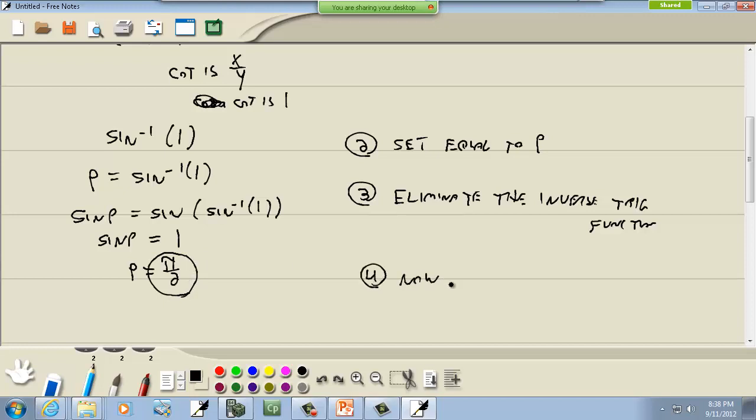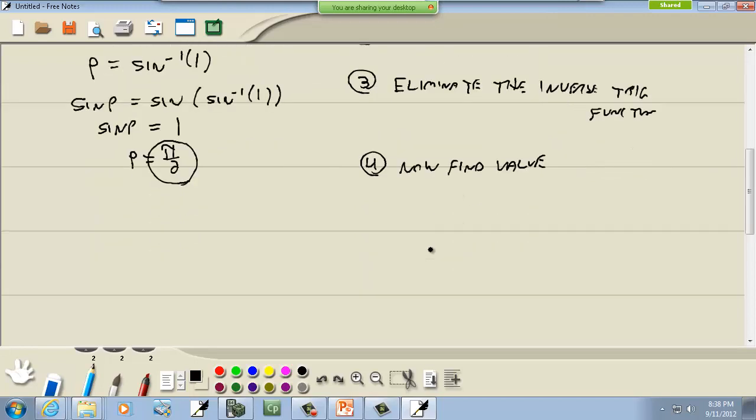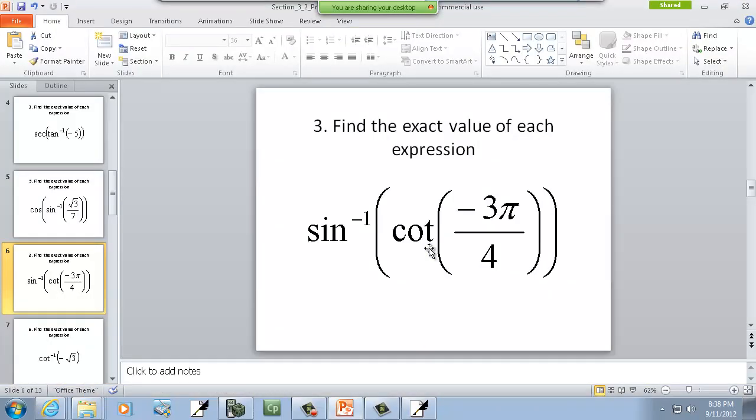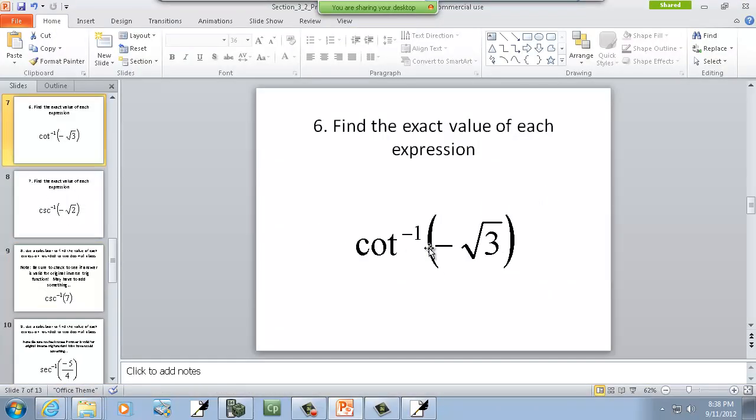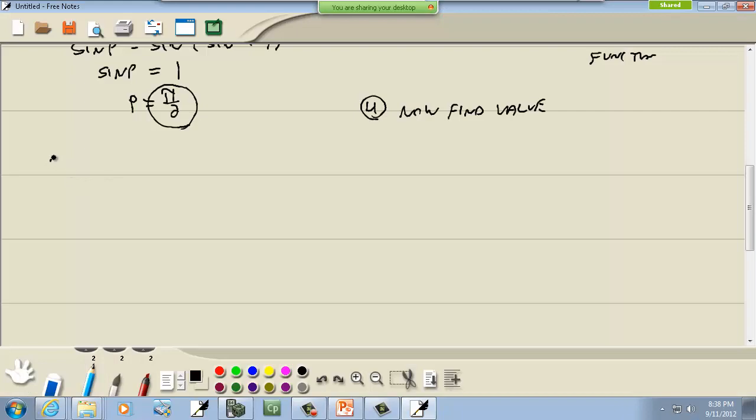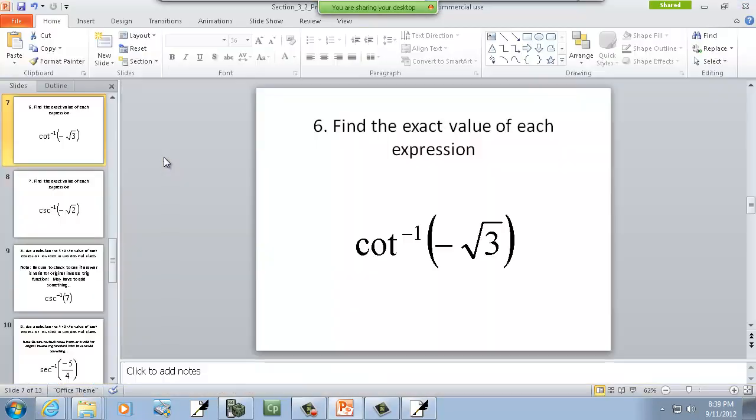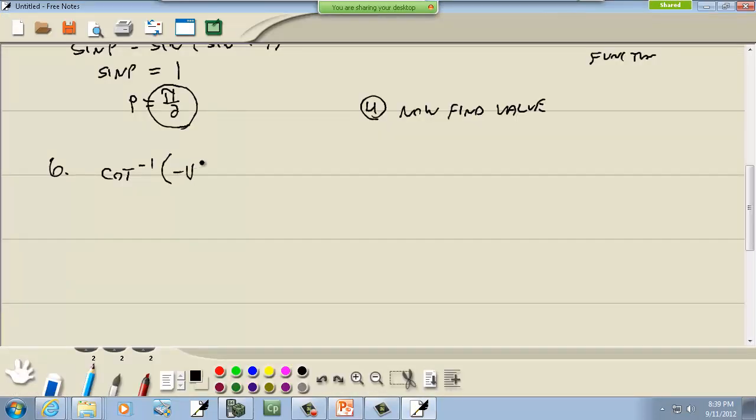Let's say now find a value. Okay. Let's look at our next problem. We've got inverse cotangent of negative square root of 3. Now we don't know what this value is.